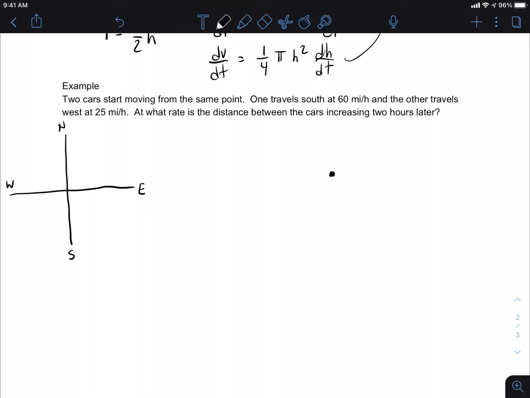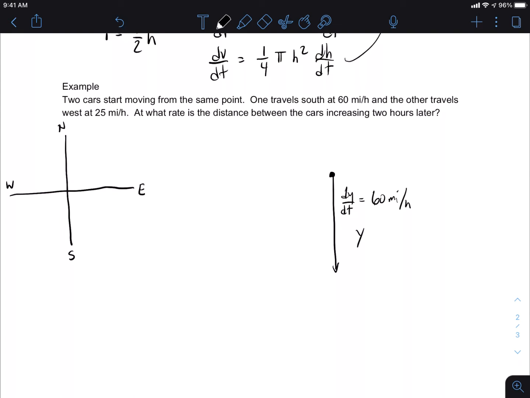So this is the point where they're starting. One travels south at 60 miles per hour. So let's call that dy/dt, because we're talking about it in terms of y. So this will be the y direction, right? Because up and down on a paper, we typically think of it as y.